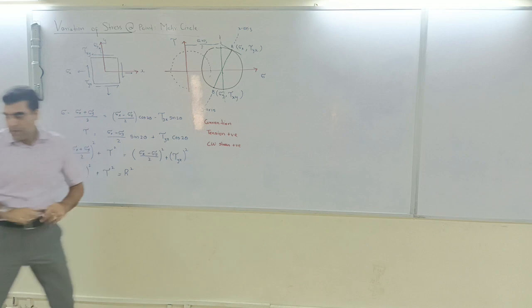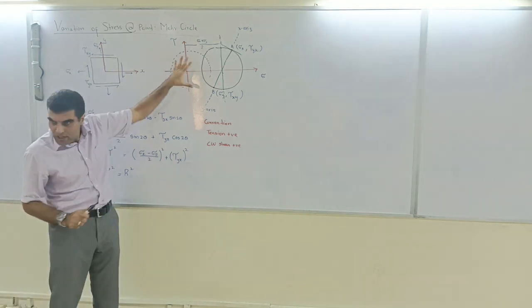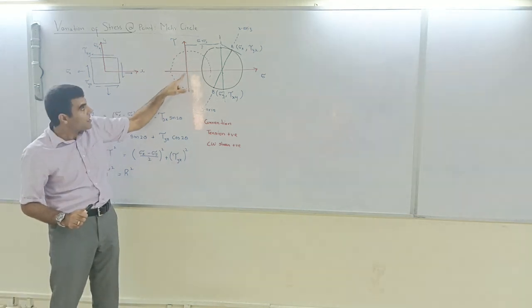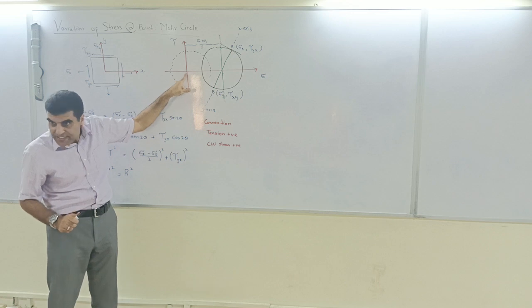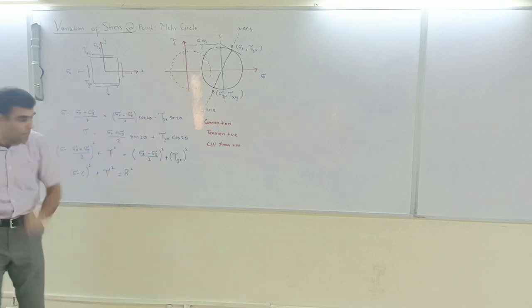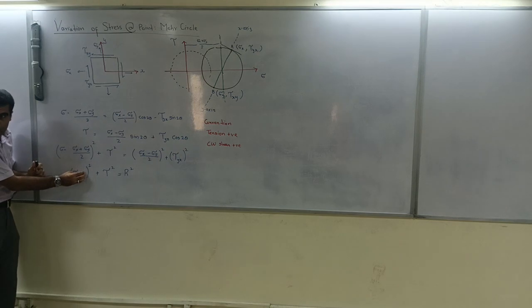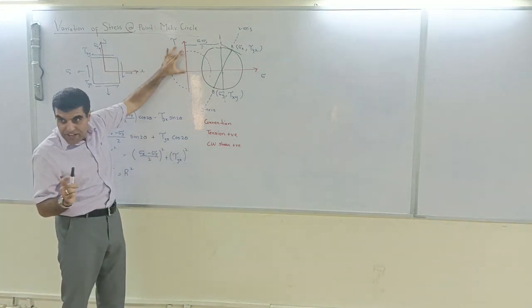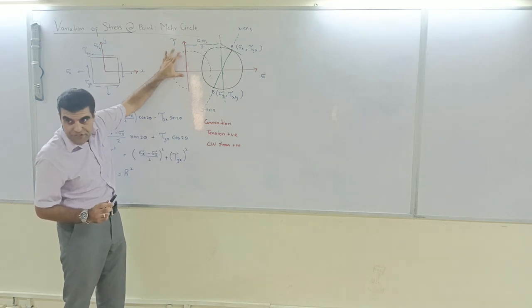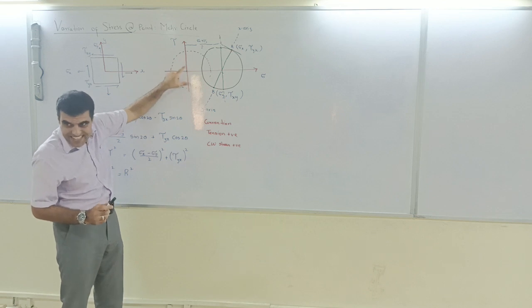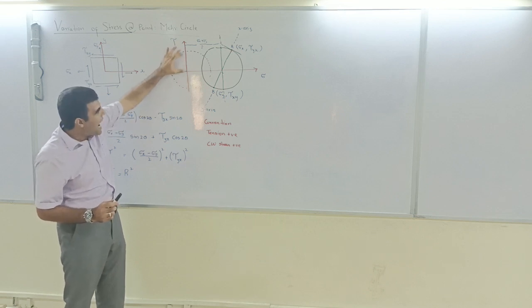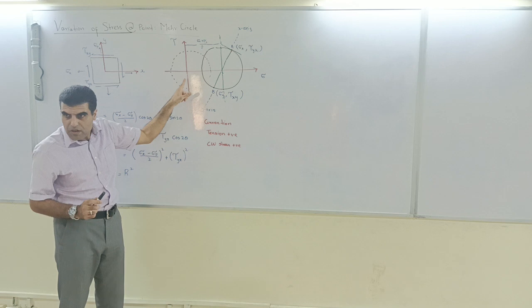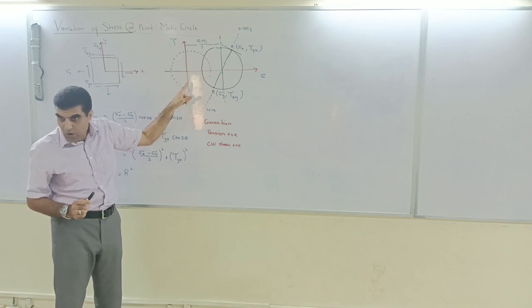I'll repeat. If we have a Mohr circle drawn taking this origin as center, and that would happen if my C is 0, then the element which has maximum shear stress will have 0 axial stresses at that axis.